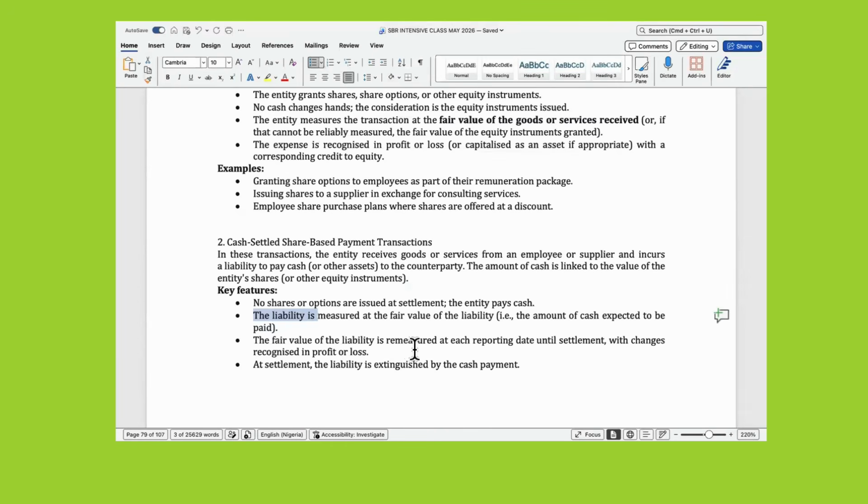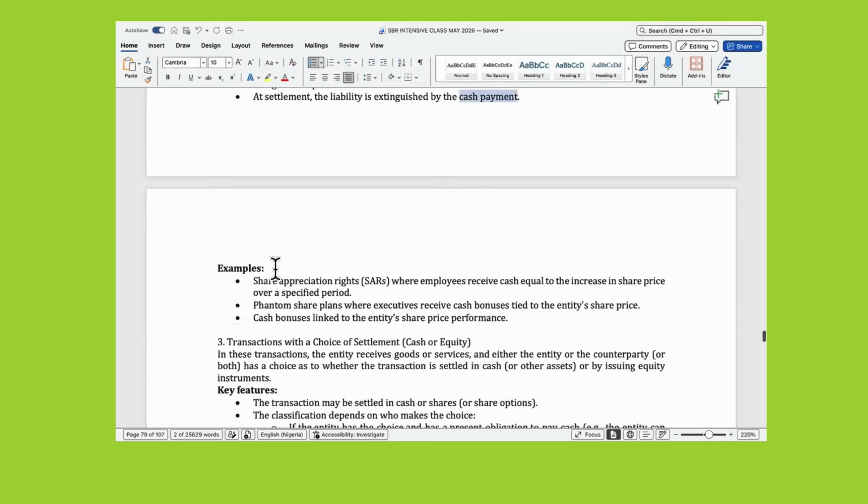And at the end of each year, you continue to remeasure that liability. And at settlement date, the liability is extinguished by cash payment when you settle up. And a typical example of this is share appreciation rights, where employees receive cash equal to the increase in share price over a specified period.